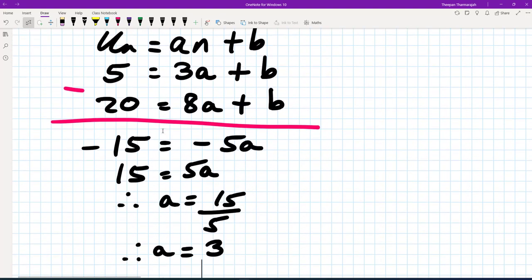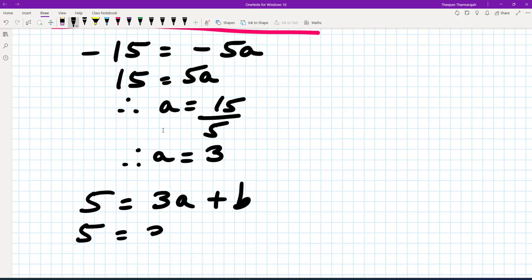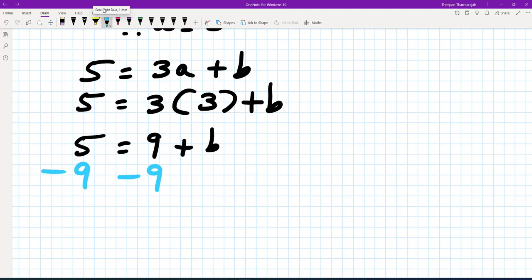We say 5 equals 3a plus b, so 5 equals 3 times 3 plus b. 5 is 9 plus b, and we minus 9 on both sides, so we get minus 4 is equal to b.